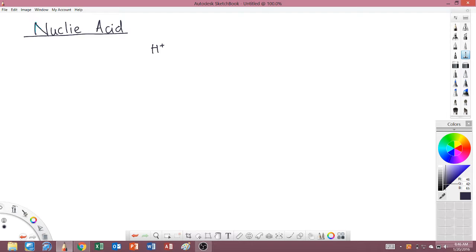Anything that donates a proton is known as an acid. The functional group of an acid, just like an amino acid has, is the carboxylic acid group. This is what acid literally means.